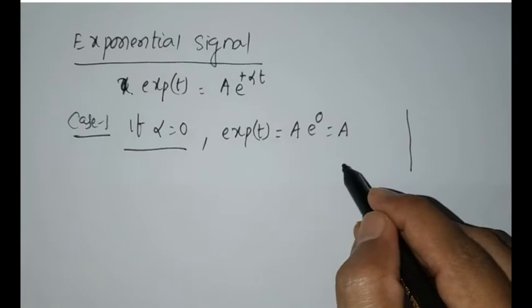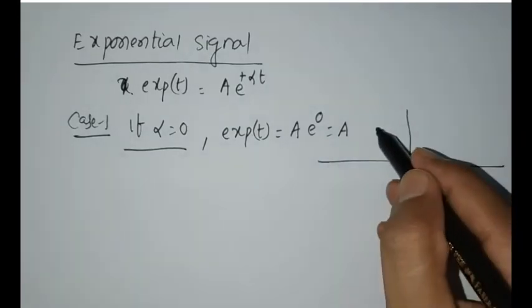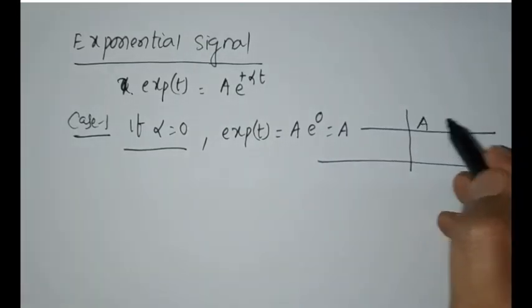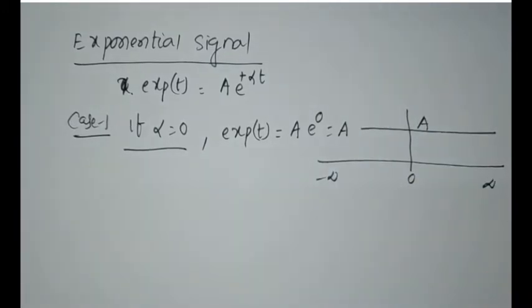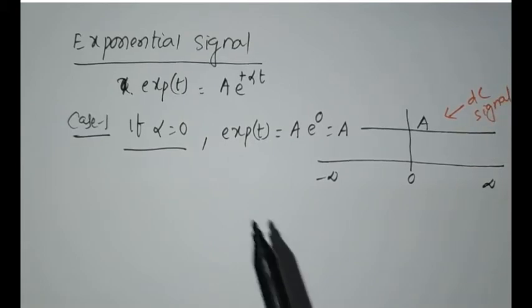Now if you plot this, this is a, from minus infinity to plus infinity. So what type of signal is this? We can say this is a DC signal.